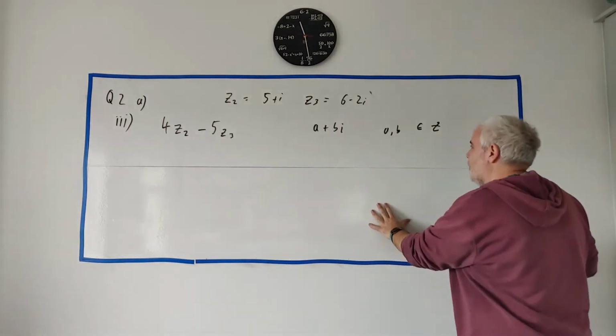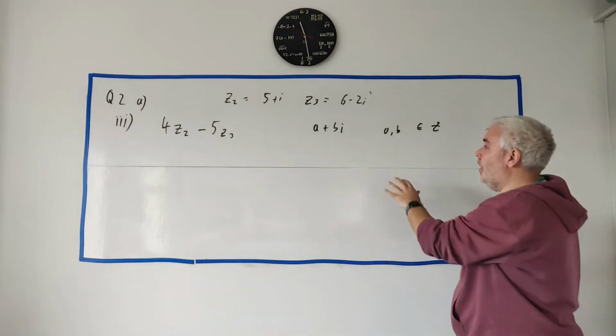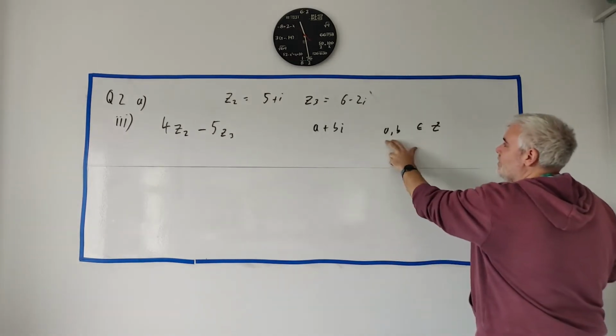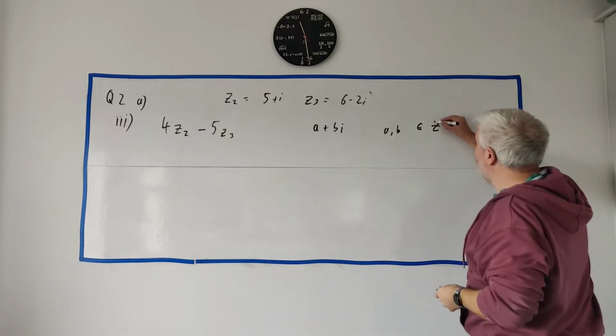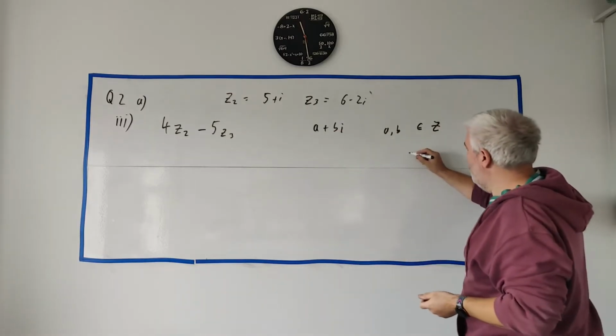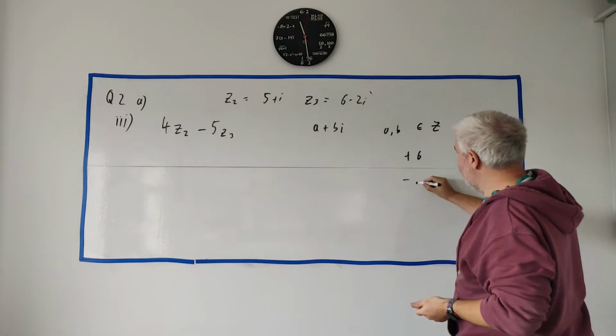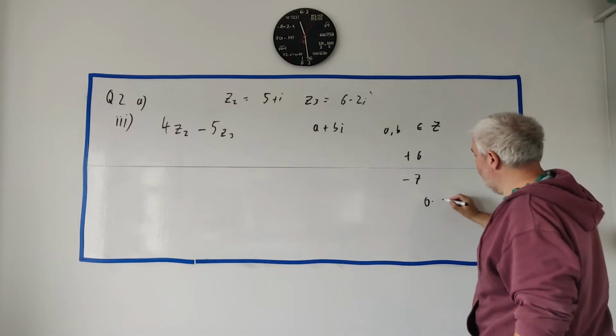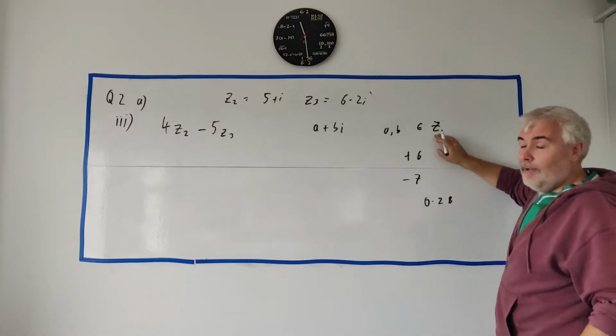This makes sense to me, but I understand it confuses so many students. All this part means is a and b should be realistic looking numbers, like +6 or -7, and should not be something like 0.28.